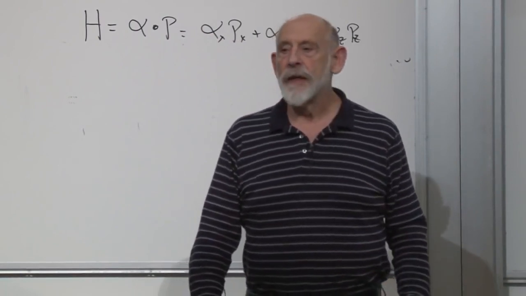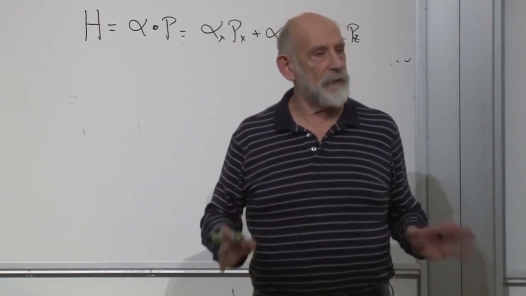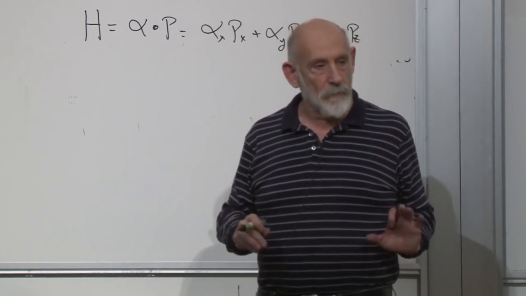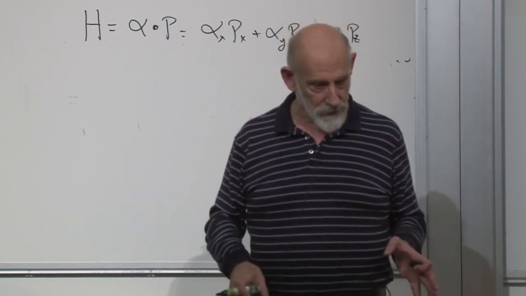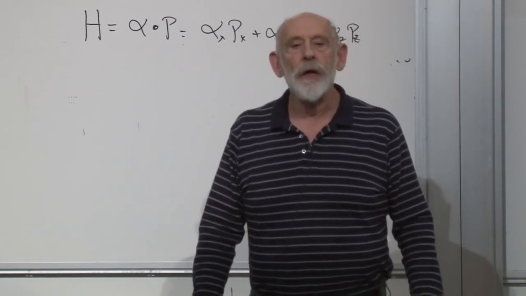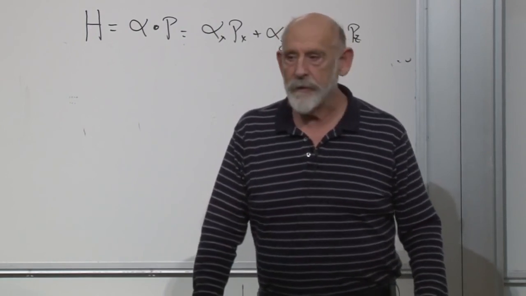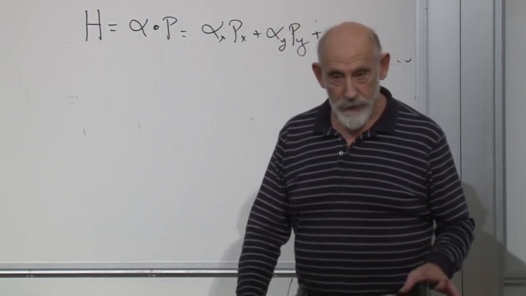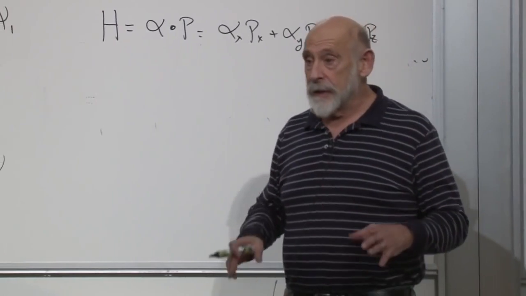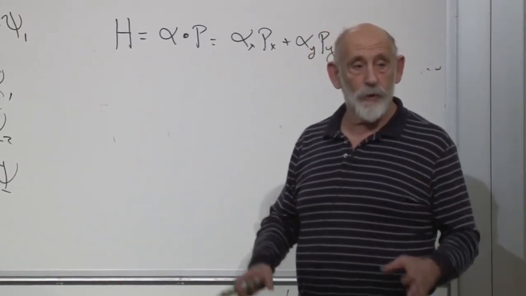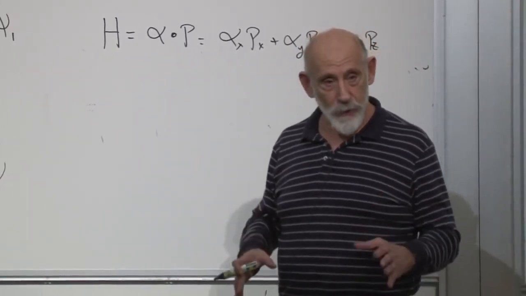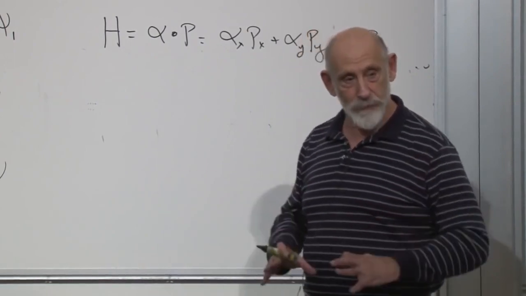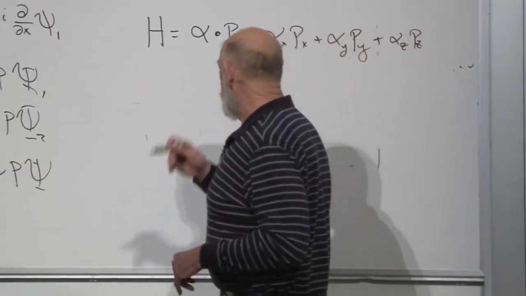Okay. What do the alphas have to do to make this sensible? For the moment, we're not going to try to make a mass. We're going to make a massless equation. So what is the right formula for a massless particle, its energy versus momentum? The answer is energy squared equals momentum squared, but that means energy squared equals px squared plus py squared plus pz squared. That's what we want to get.